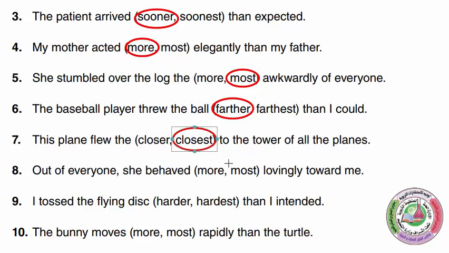She behaved most lovingly toward me. I tossed the flying disc than I intended. Harder than I intended. The way I did it versus the way I wanted to do it. The bunny moves rapidly than the turtle. The bunny moves more rapidly.